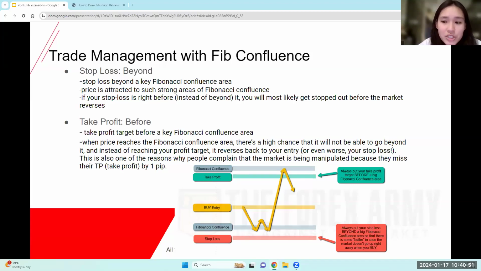And instead of reaching your profit target, it might reverse back to your entry or even worse, your stop loss right before it reaches your take profit. That's also one of the reasons why people complain that the market is being manipulated, because they miss their take profit by 1 or 2 pips.